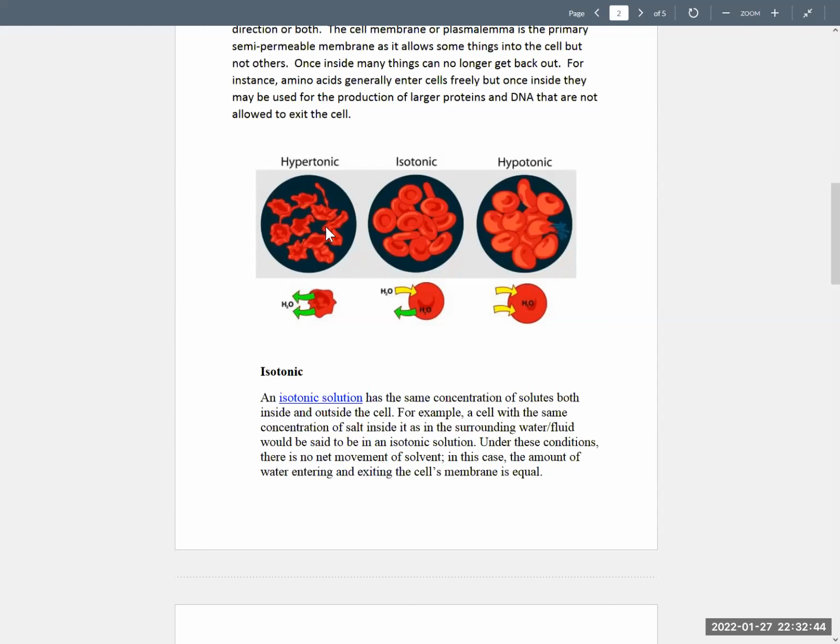As the solids come in, the water will come in. Wherever the minerals go, the water will follow. That's a kind of important statement. And then it would revert back to this, the isotonic situation. But water moves rapidly. And if it has an unequal distribution of solids and solvent, the solvent moves right into the solids. And we have a little bit of a disaster on our hands here.